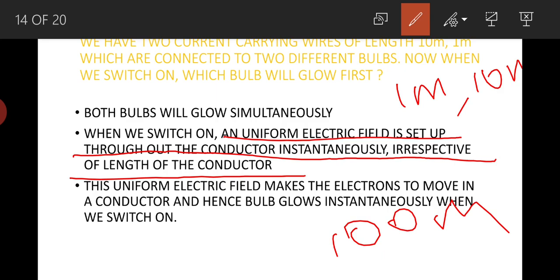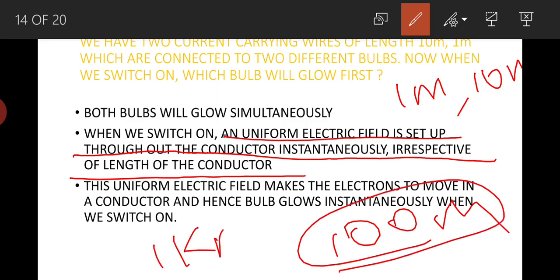Because of this uniform electric field, current will pass instantaneously and the bulb will glow instantaneously, even if the length of the conductor is 100 meters, 1000 meters or 1 kilometer. This uniform electric field makes the electrons move in the conductor, and hence the bulb will glow instantaneously when we switch on.